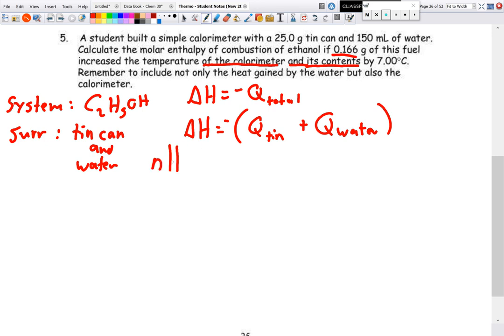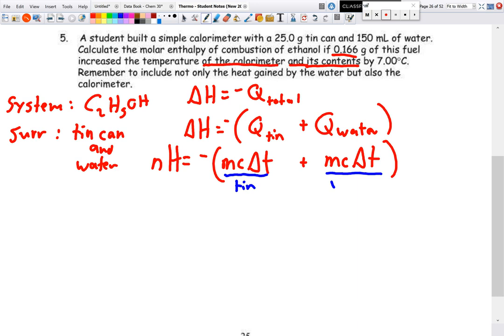So delta H is equal to negative. Now remember, Q of tin is going to be mc delta T, all for tin, plus mc delta T, all for water. Okay? Now remember, make sure to specify this mc delta T is for tin. This mc delta T is for water.